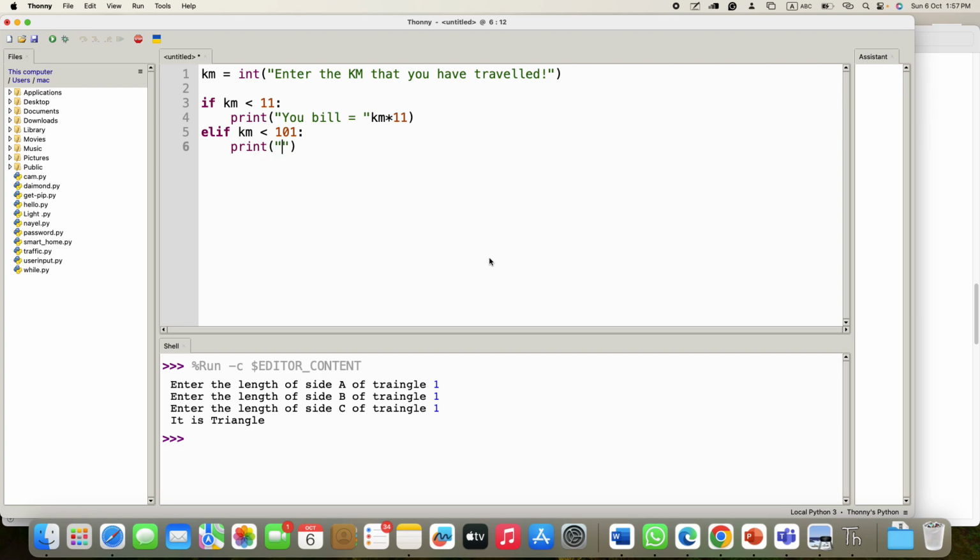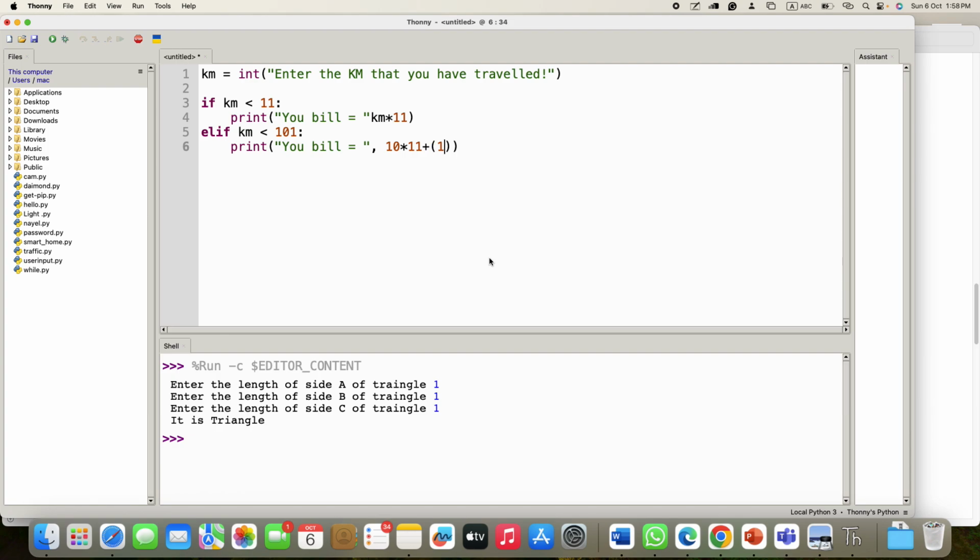Your bill is equal to km 10 times, the first 10 is, obviously it's not less than 11, that's why I come to the second one. So 10 you simply multiply with 11, no problem. And then you put a bracket around it.